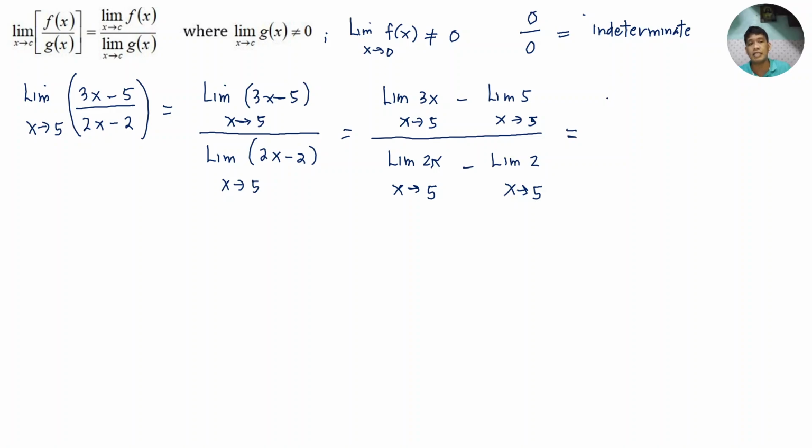This therefore is equal to 3 times the limit of x as x approaches 5, minus the limit ng constant which is 5, over 2 times the limit of x as x approaches 5, minus 2.